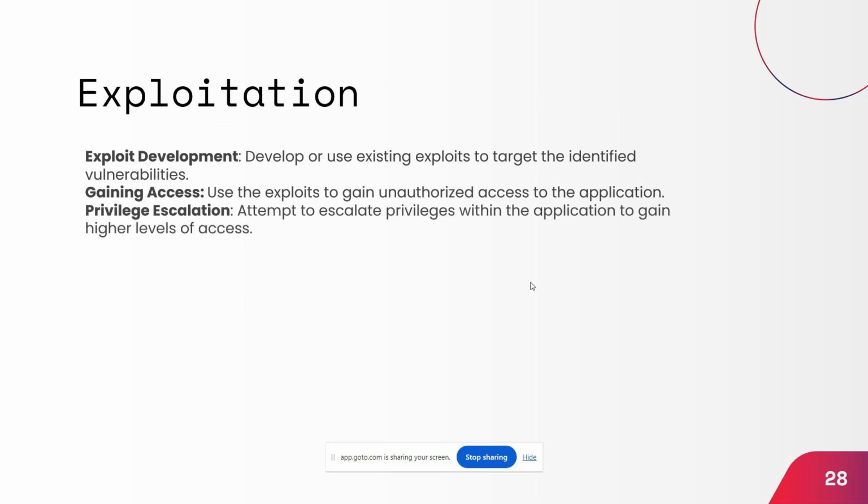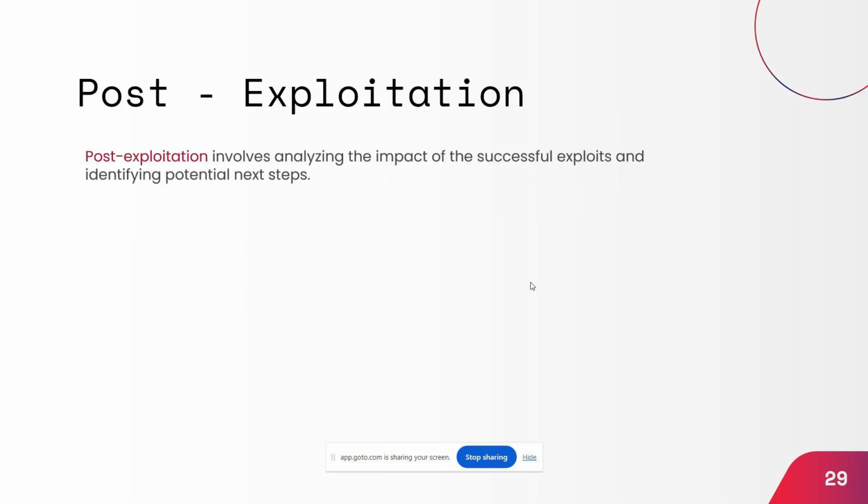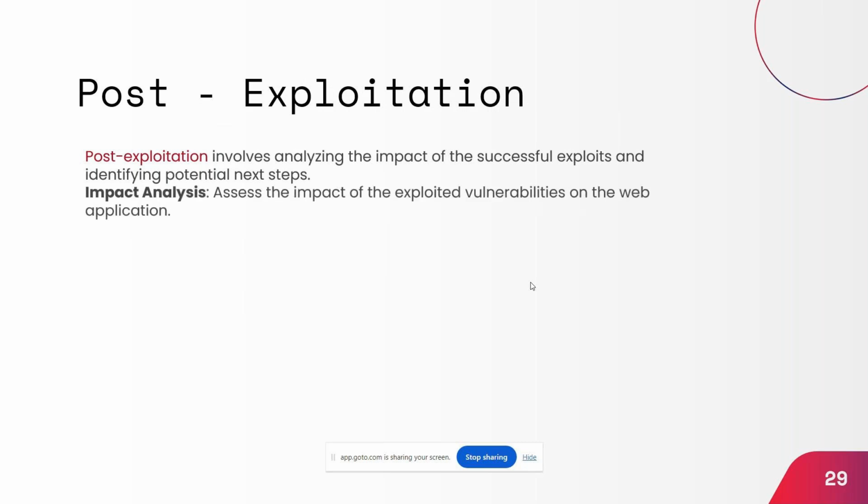Once this is done, you do the post exploitation, which is to gain more privileges on the system, or to create more impact, or to perform other potential attacks in the network. When you say post exploitation, it means you're already inside the system.